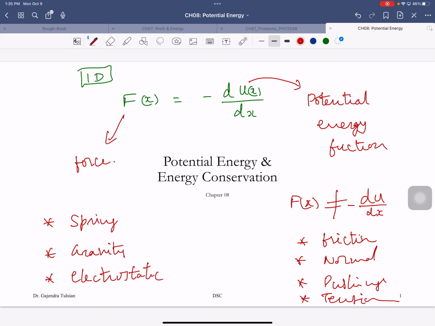So there are all these forces that you encounter for which you cannot do that. Those forces cannot be represented as the derivative of a scalar valued function, of a potential energy function. So if you wanted to calculate the work done by these forces, you have to do the integral. And good luck to you guys.